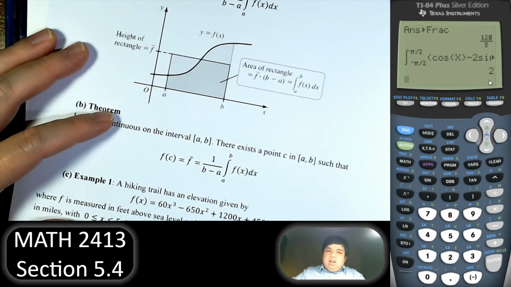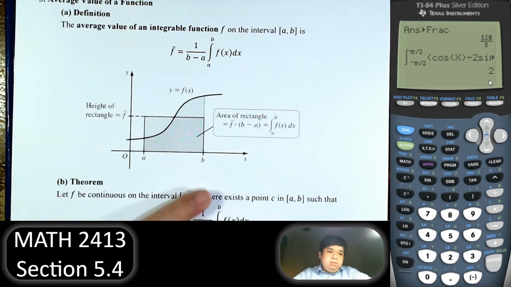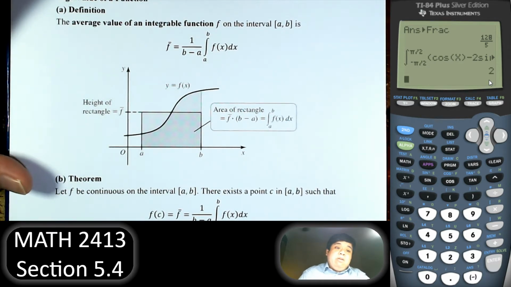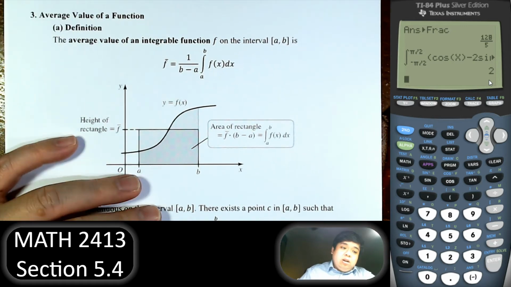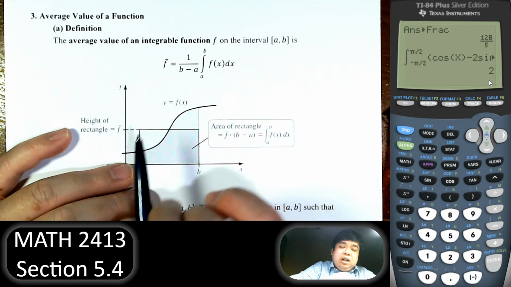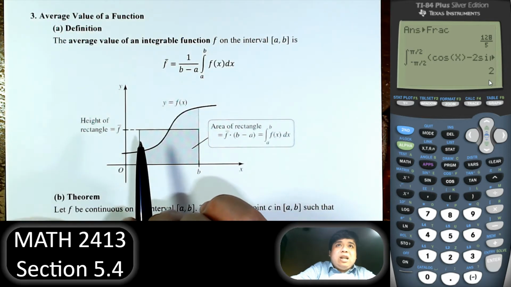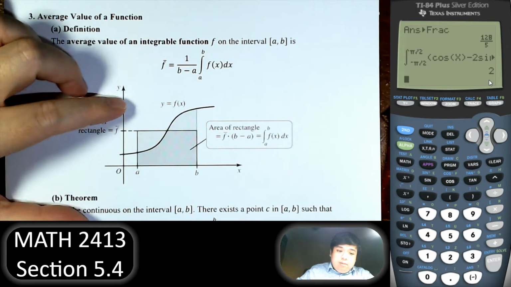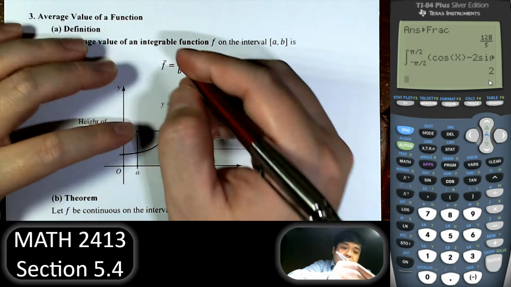Another small application of the definite integral is the average value of a function. The average value of a function on a closed interval a to b is going to give us that. So what actually is the average value of the function? The average value of the function is denoted by f bar.